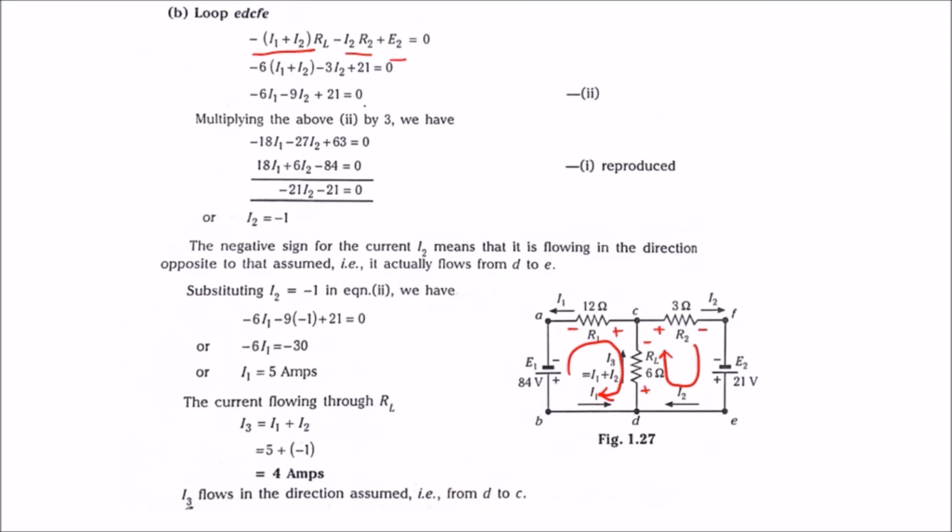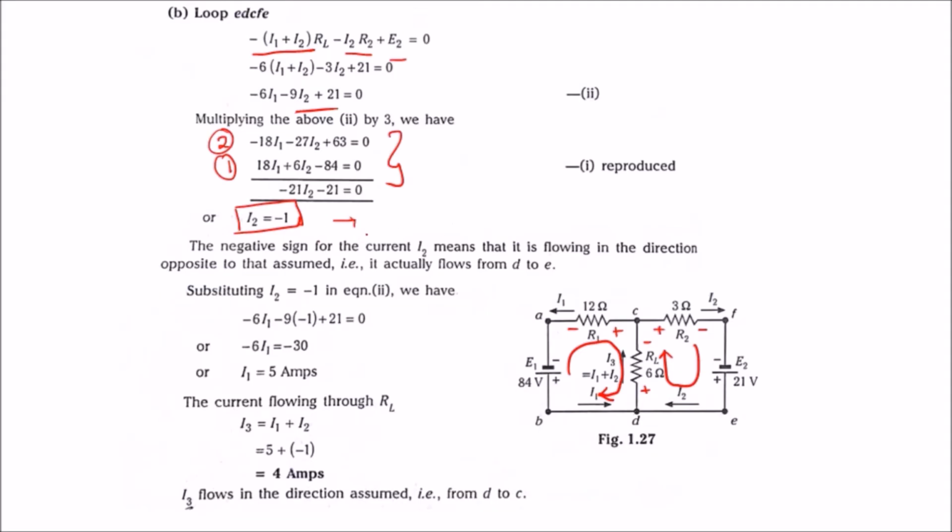Taking into consideration equation 1 and equation 2, we will simplify. So this is equation 2, this is 1. Simplifying this, we will get I2 is equal to minus 1. So minus 1 indicates that the direction of the current flow is opposite to what we have assumed.